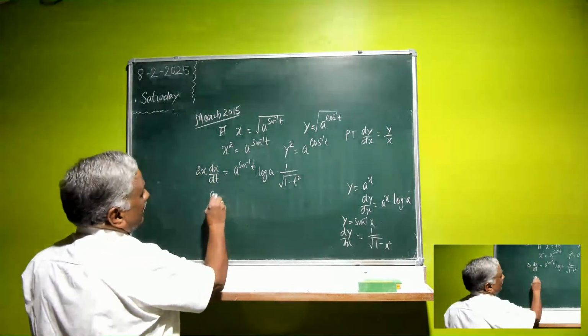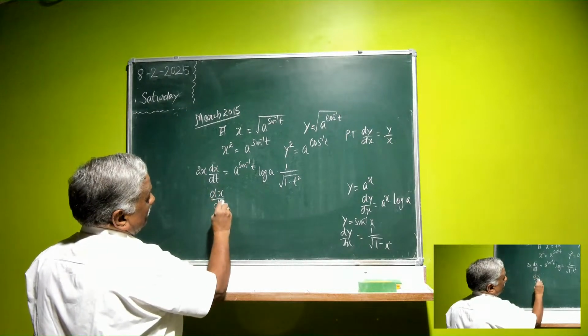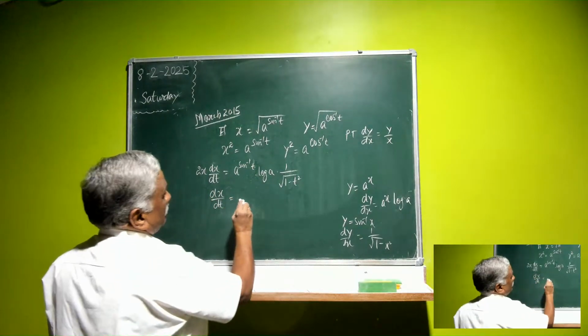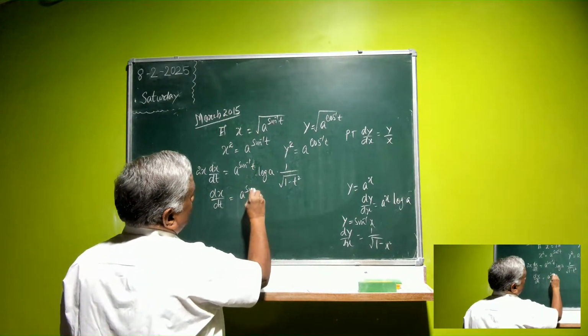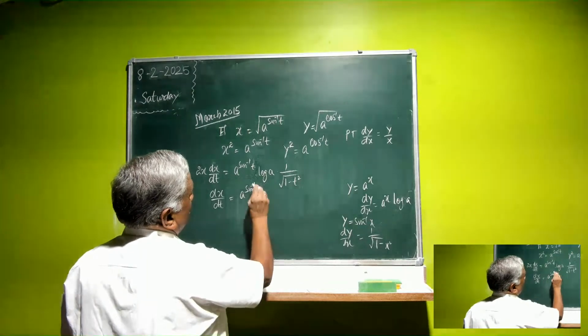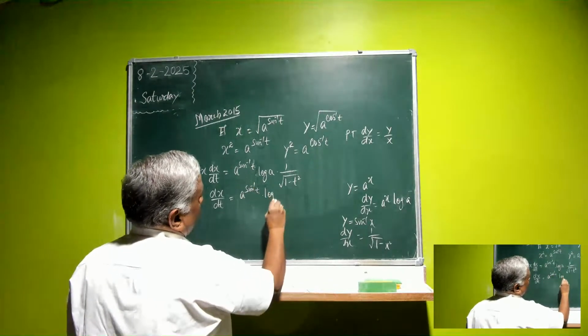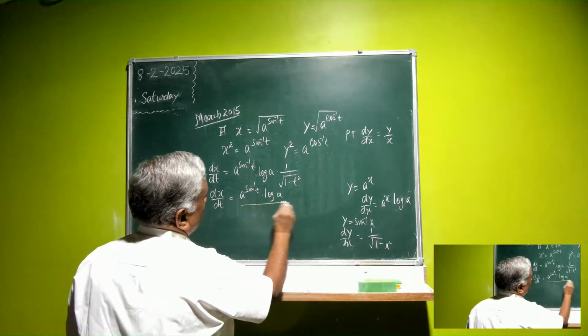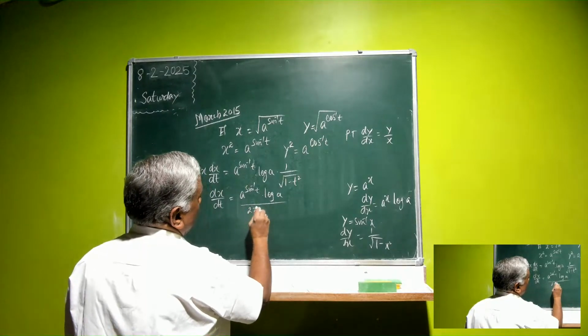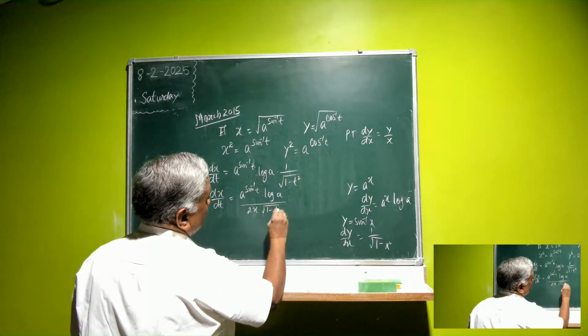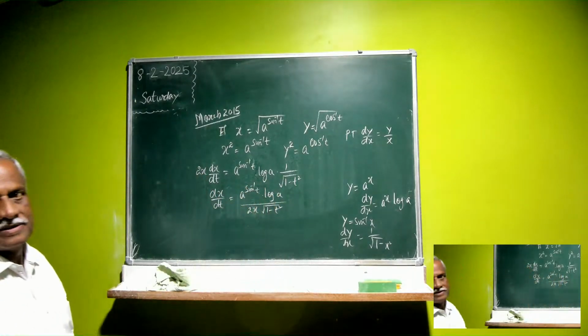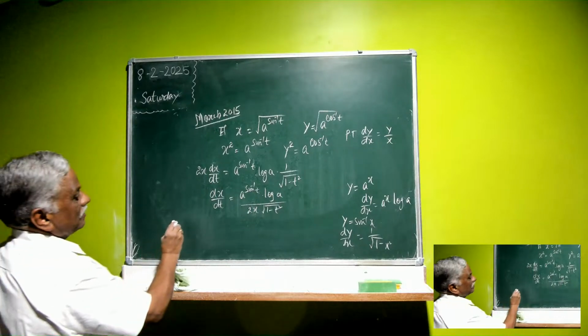So what is dx by dt? It is a to the power of sine inverse t into log a, divided by 2x into root of 1 minus t square. Now let us differentiate y.